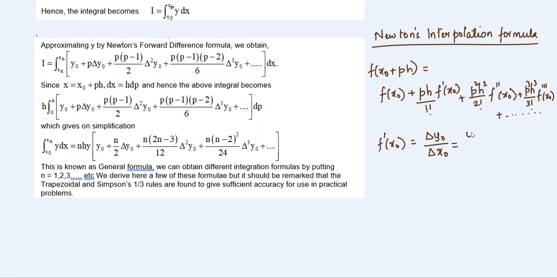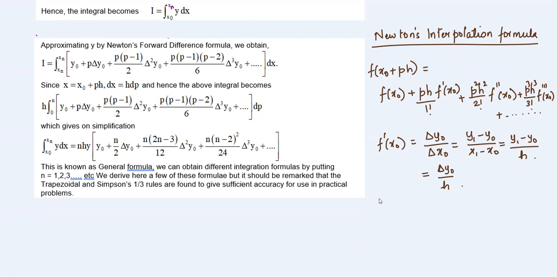Now, how we write this depends on the different formulas that we used, either forward difference or backward difference or central difference. Now I'm choosing forward difference, so y1 minus y0 by x1 minus x0. Now this is y1 minus y0 by h, since x1 minus x0 is h. So I can simply write this as delta y0 by h.